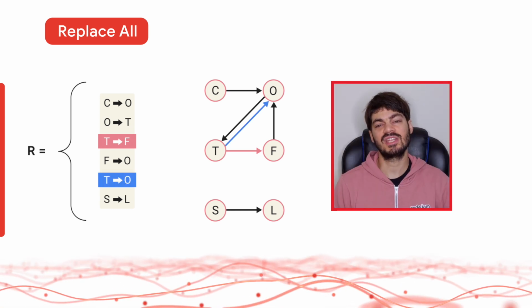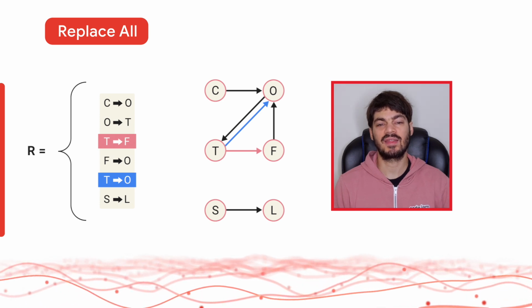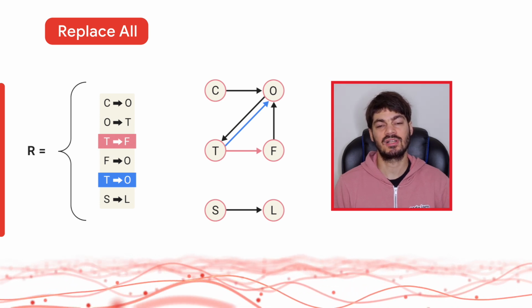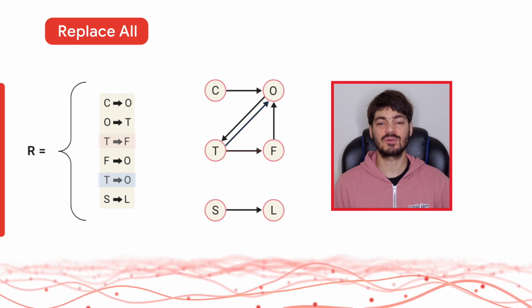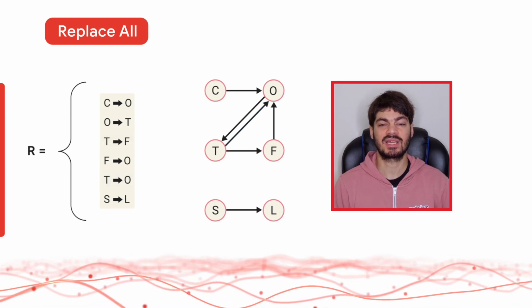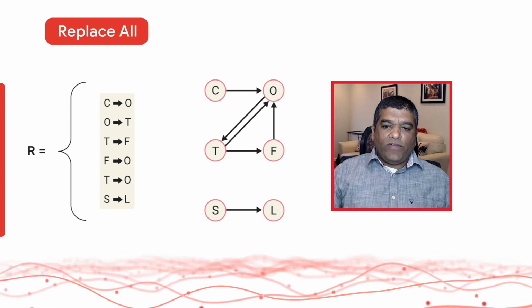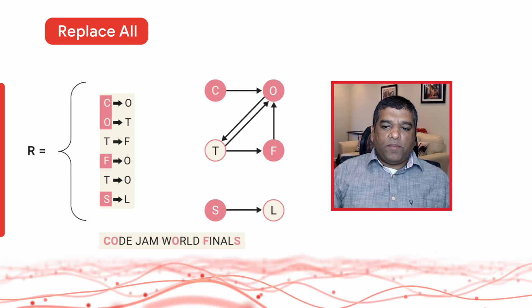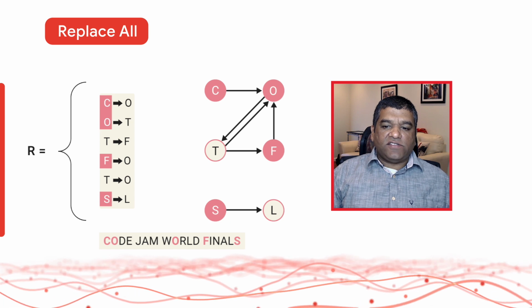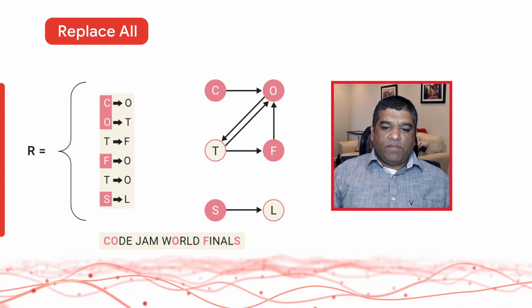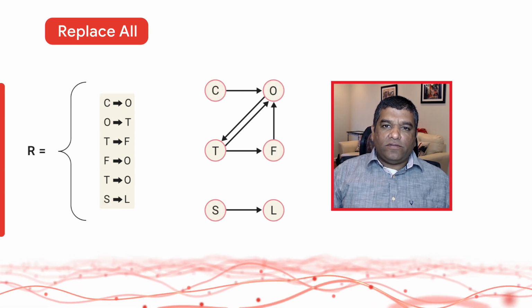That means that covering each node suffices, since we know we can add any missed edges without altering the result. We can also use this idea to just get any replacement that replaces characters not in the initial text out of the way right at the beginning. So, we need paths that cover each node that represents a character from the initial text that's also the left side of a replacement. So what now, Pablo?